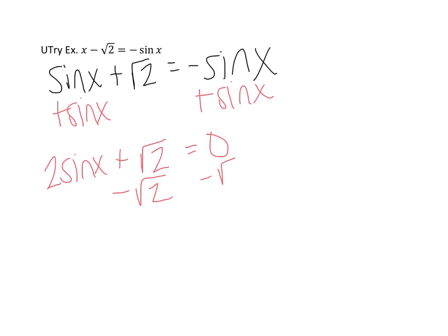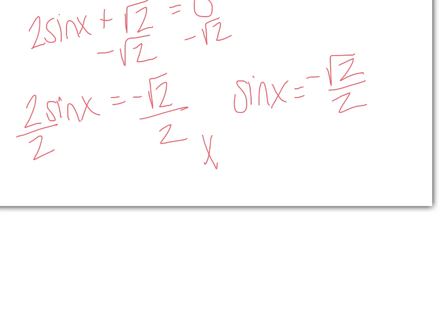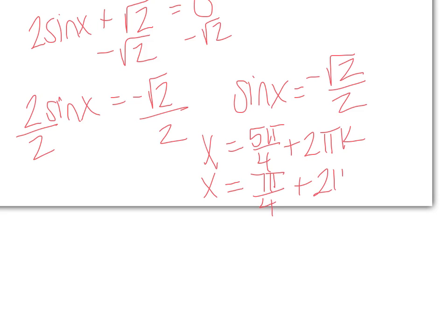Subtract my radical 2. 2 sine x equals negative radical 2. Divide both sides by 2. Sine x equals negative radical 2 over 2. It's going to be the same answers we had in the last problem: x equals 5 pi over 4 plus 2 pi k, and x equals 7 pi over 4 plus 2 pi k.